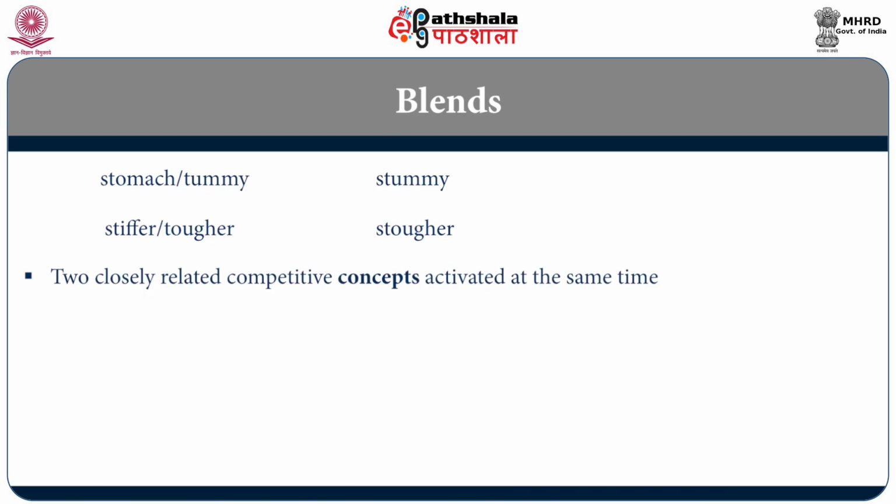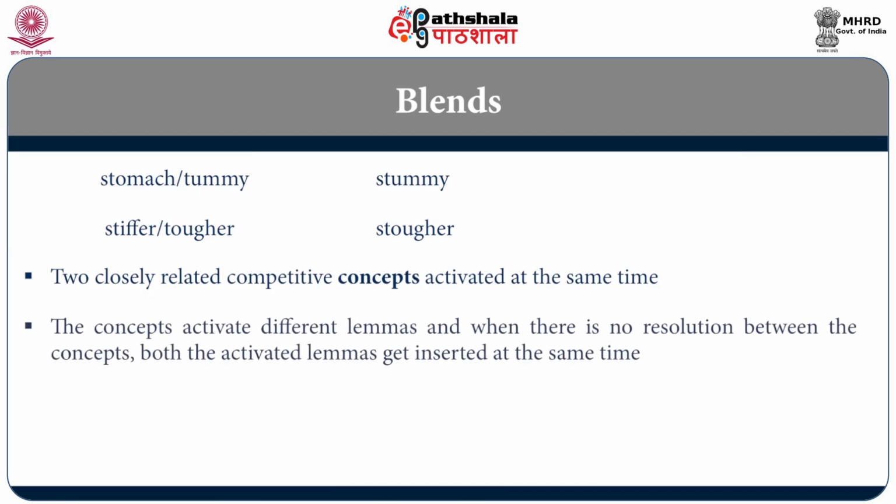In this case, we think that two closely related competitive concepts are activated at the same time. The concepts in turn activate different lemmas, and when there is no resolution between the concepts, both the activated lemmas get inserted at the same time. This leads to the construction of blends.